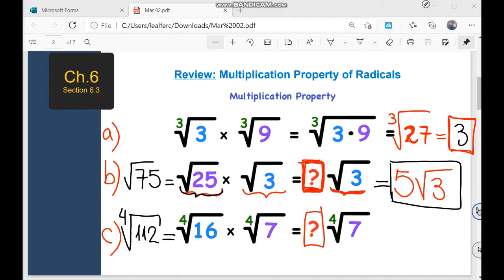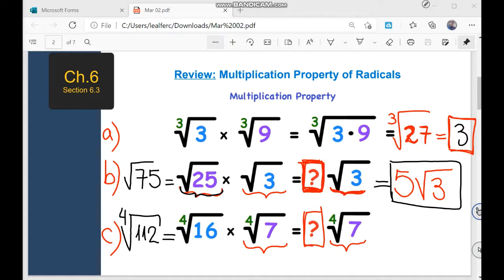And for letter C, anyone wants to try? The number that's missing is the fourth root of 16. We keep the fourth root of 7 because 7 is not a perfect exponent 4. We cannot factor it out. So it's the fourth root of 7.